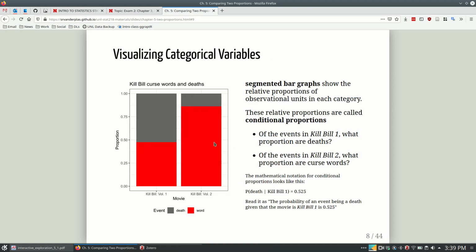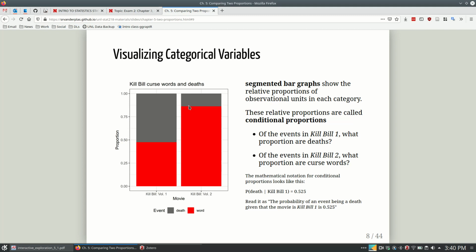If we want to show this, one nice way to do that is to take those proportions and draw a bar that goes up to 1, and then segment that bar per group, right? You can get deaths and curse words, something like that. And that lets you very clearly see the relative difference in the proportions. Does that make sense?